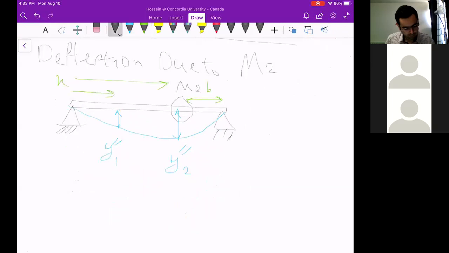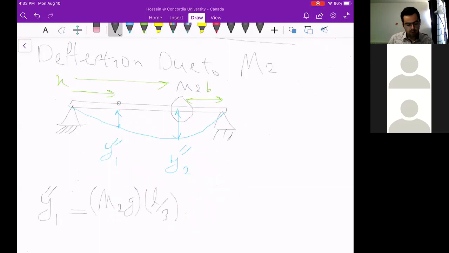So Y double prime 1. W is mg. X from the left side is this point, L over 3.